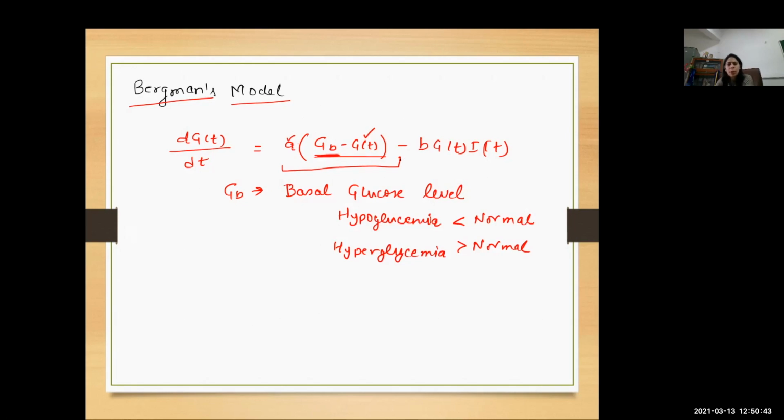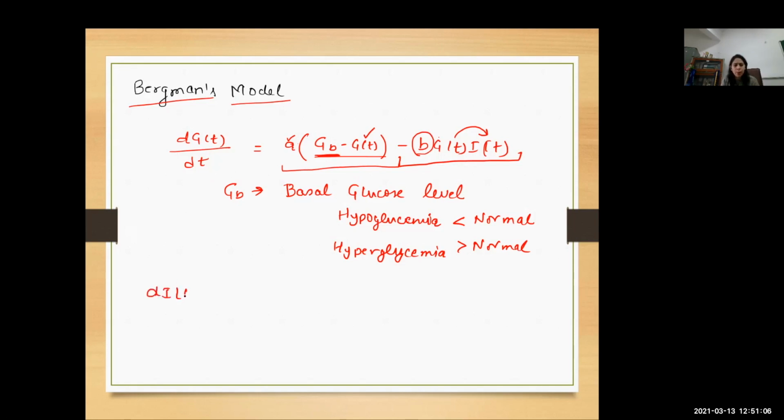Then glucose utilization will be done with the help of this term, with the insulin at any point of time t, and it will be handled with this parameter b. That's how we can write the equation for glucose level.